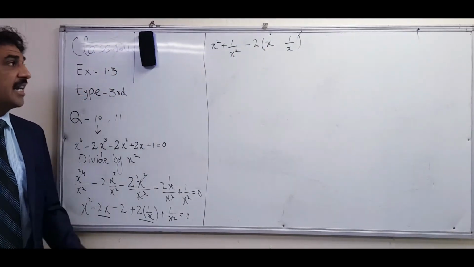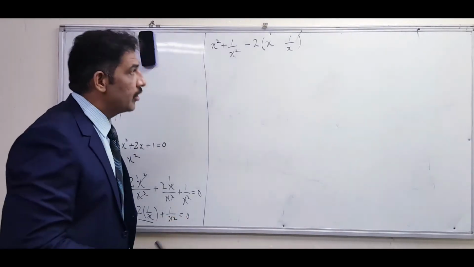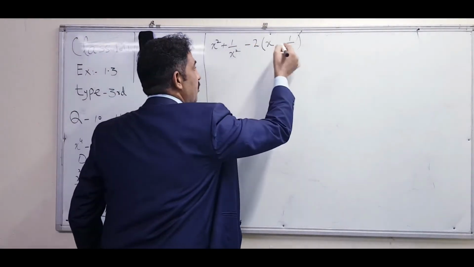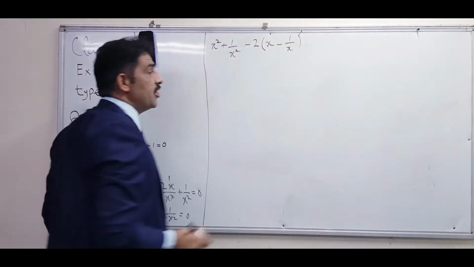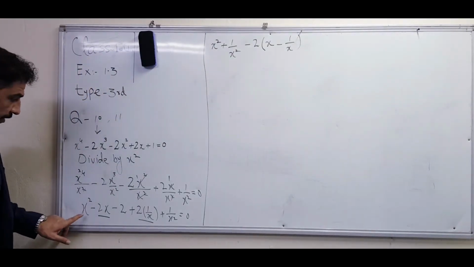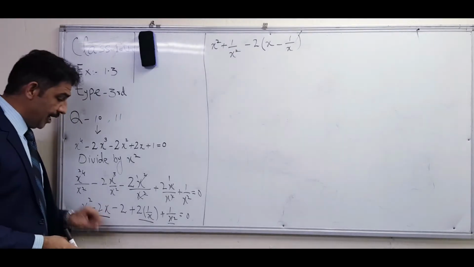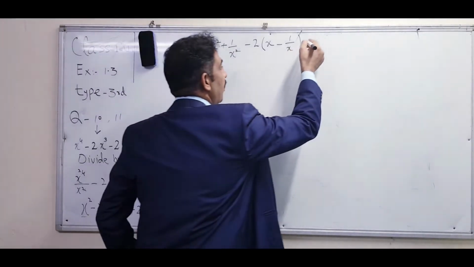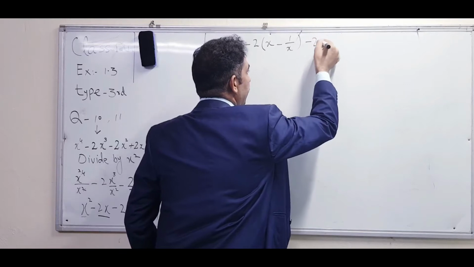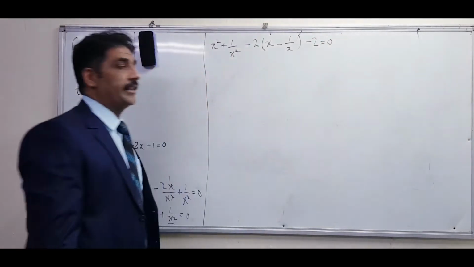Yes, minus. Why? Good, because when a negative sign is outside, the sign inside the bracket is changed. These two terms are solved first, then what is remaining here? Only minus 2. You will write only minus 2 here.